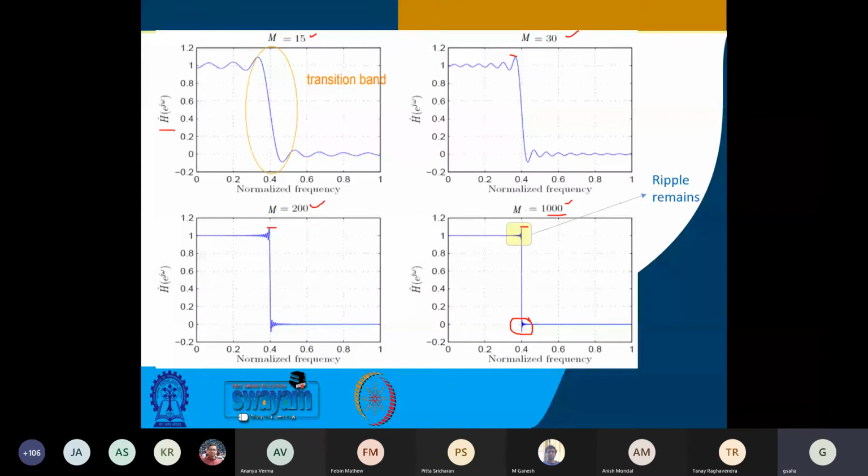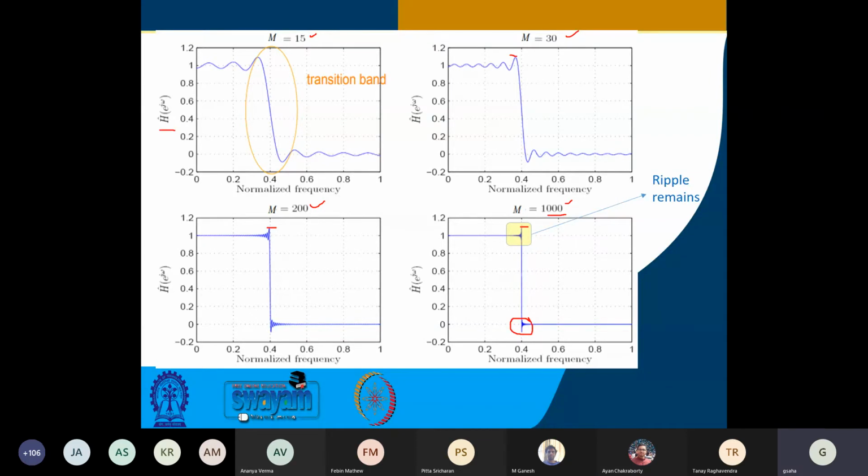Anyone wants to make any comment here? Sir, not a comment, but I have a question. How does this ripple actually affect the signal? Does it actually affect the signal very much? Anyone wants to answer that?